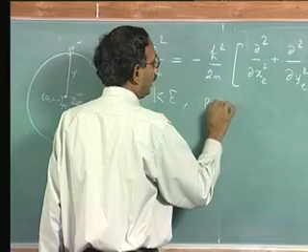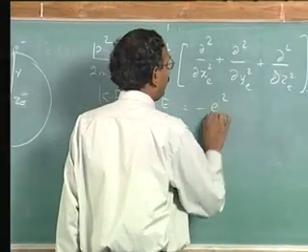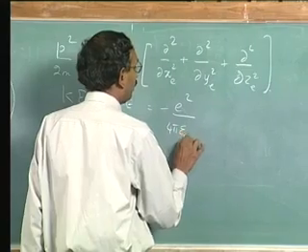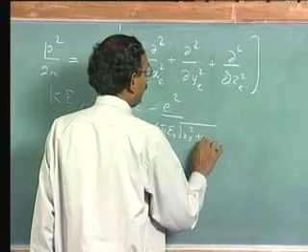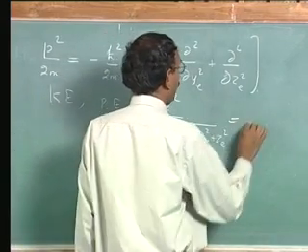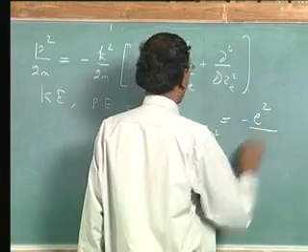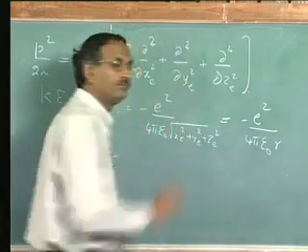Then the potential energy is already written as minus e square by 4 pi epsilon naught times the square root of x_e square plus y_e square plus z_e square, which in the spherical coordinate system is minus e square by 4 pi epsilon naught r.